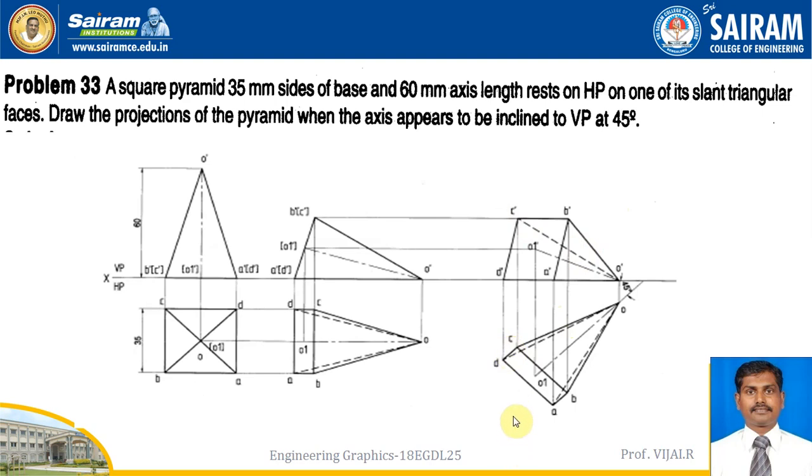So when we are seeing from this, we will get the front view, where this base is fully visible, and the apex O is here. So join the base outer edge, as I already said, make the outer border visible, and this is the visible base.